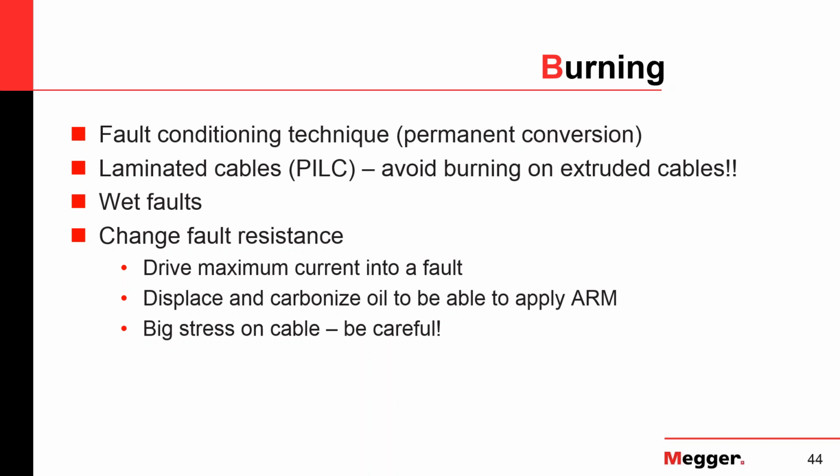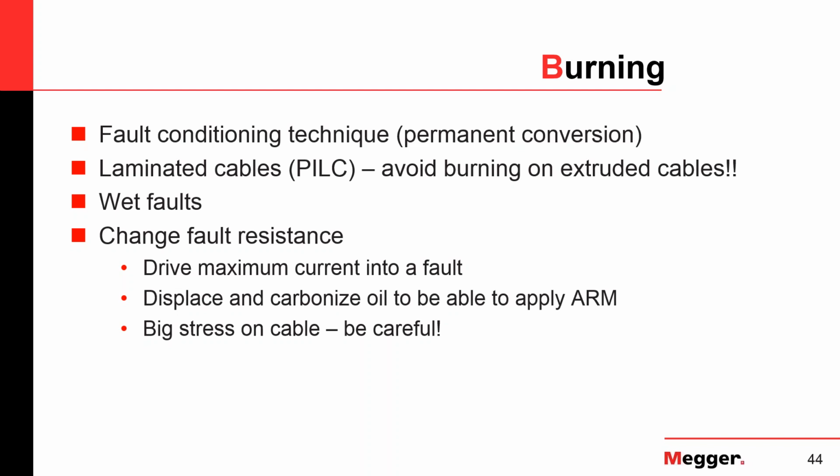So what you try to do with the burning is you try to condition your fault. You try to carbonize the fault location. You change the chemical properties of the oil, and you create a carbon path, like a track. Therefore, the resistance of the fault is reduced, and then you can use the arc reflection method.